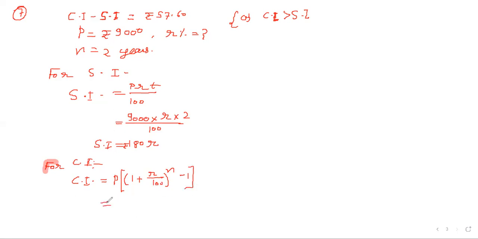P is 9,000, the same principal is there. 1 plus rate, R we have assumed, over 100 whole square minus 1.